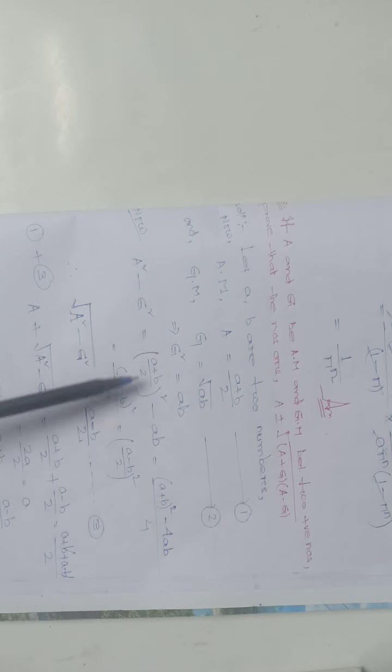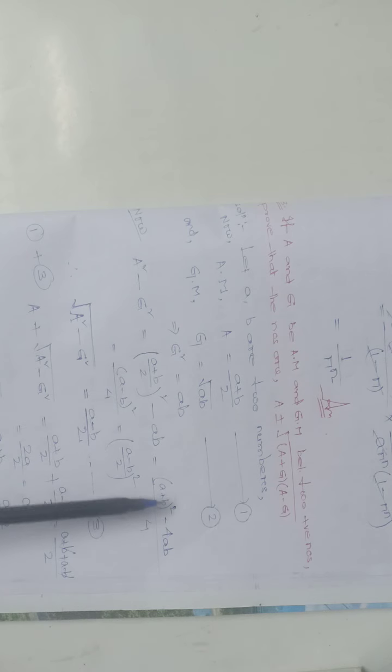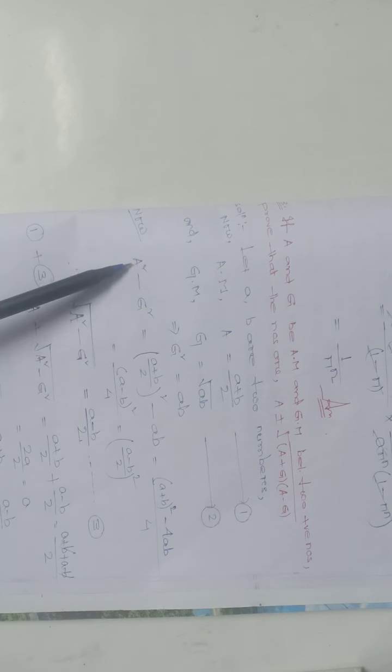So when you take LCM, a plus b whole square minus 4ab, so a minus b whole square. The answer of this will be a minus b whole square by 4, and you can write a minus b by 2 whole square. Now if you cancel this square, then we will put root here. So root over A square minus G square equal to a minus b by 2.